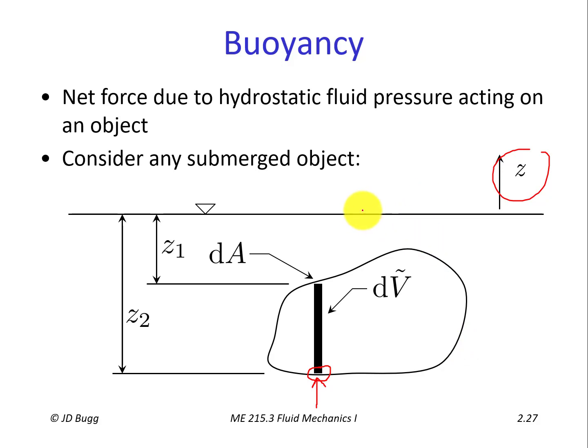Now, why is it P atmosphere minus rho g Z2? Well, P atmosphere is the pressure of atmosphere up here. And remember, this Z2 is a negative number. So P atmosphere minus rho g Z2 will be the pressure here. It will be a pressure higher than atmosphere because Z2 is a negative number. So whatever that comes out to, that gives the force on the bottom end of this slice pushing up.